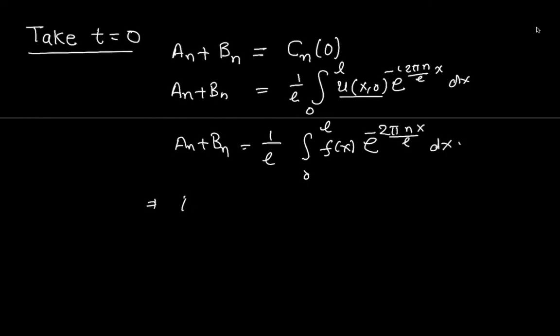This implies A_n plus B_n is equal to the Fourier coefficient of f. That is the number one.